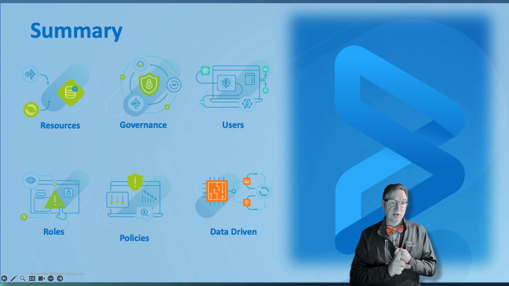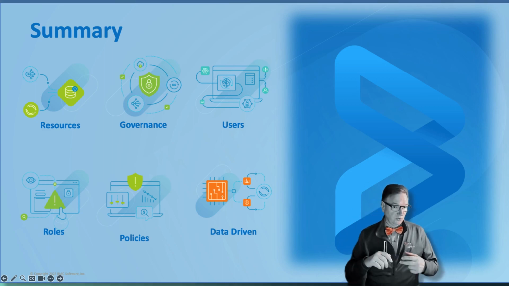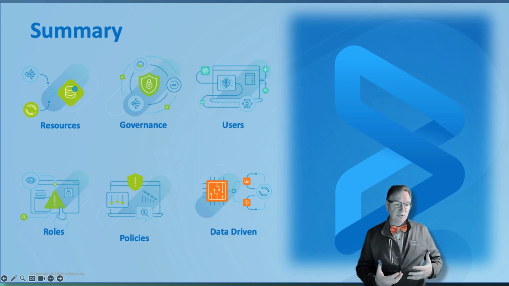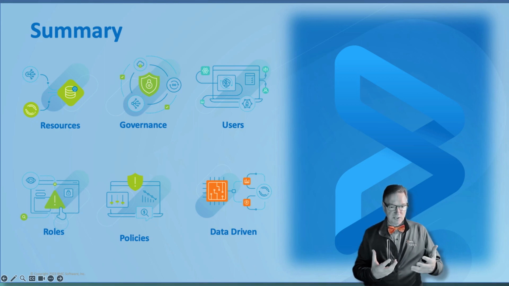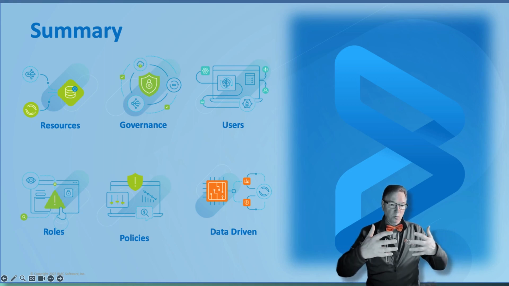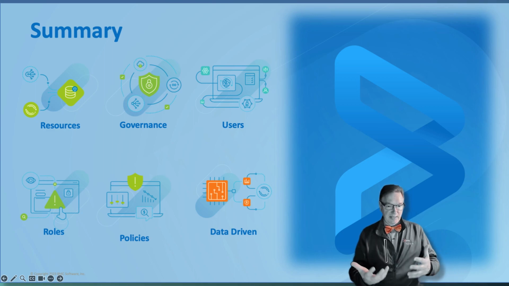This instance must have the permission to put on a different hat, in other words, to assume a new role, to change identities. And based on the roles and policies in place, we govern which resources they can access.